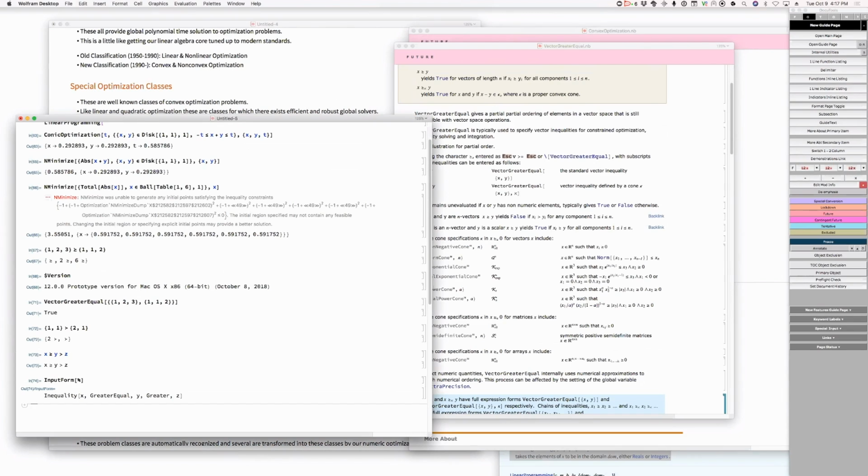We have a similar construct for these vector inequalities, set up as a developer VectorInequality, but we have rules so that it basically always evaluates to either Inequality, which once we deal with that will be great, or the individual VectorGreaterEqual, et cetera.